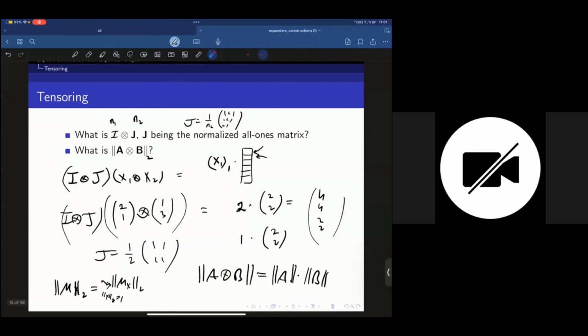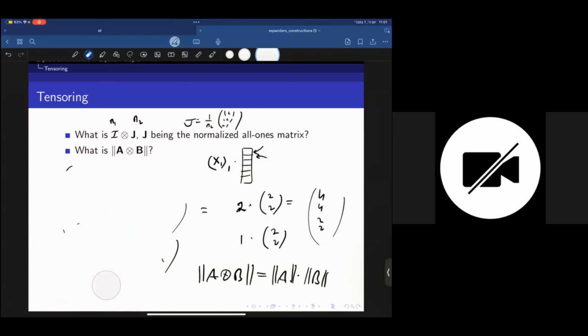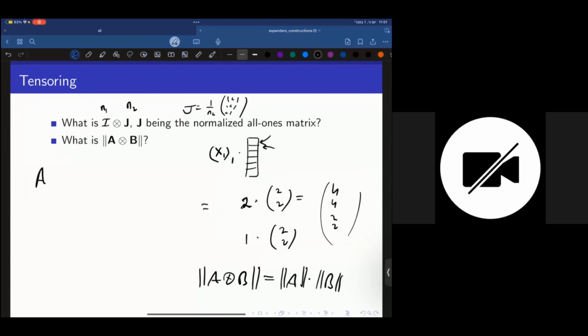So let me just do that, and then we'll have a break of 10 minutes. The thing you should take is the eigenvector corresponding to the largest eigenvalue.